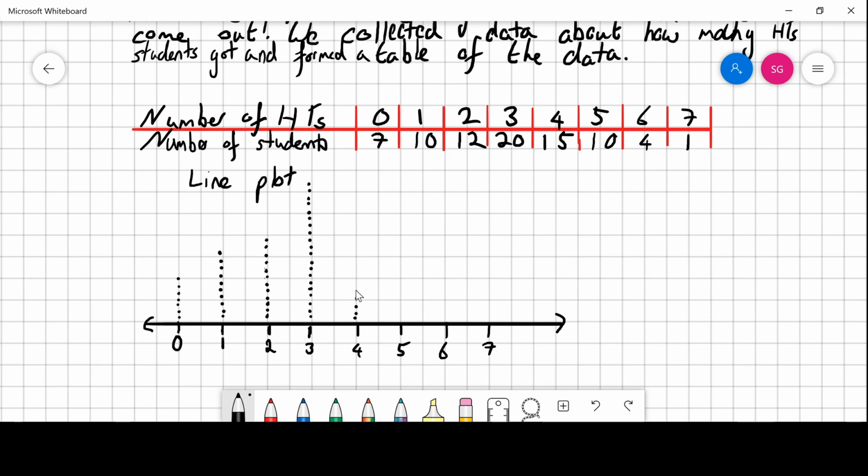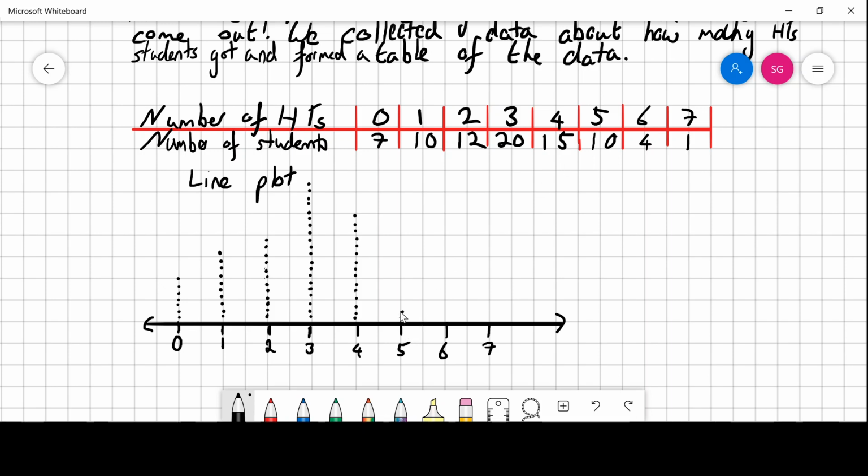I'm just popping in the 4 H1 students. So there's 15 of them. Again, the difference between 10 and 15 is very clear when we do out these dots. I'd always try to have the same number of dots in each block, so going up, pretty much the same spacing between them. 5 H1s, 10 of them.